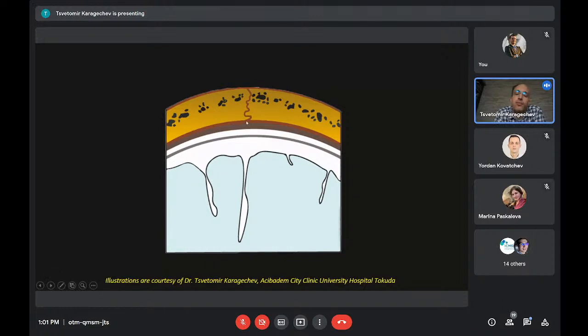And the most important thing for now is to remember that the endosteal or periosteal layer, the outer layer of the dura, is continuous with the sutures and respectively continuous with the periosteum on the other side of the skull.